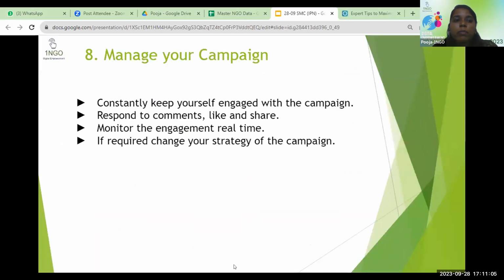So coming to managing your campaign. So you have launched your campaign. How can you actually manage these campaigns? Respond to the comments, messages, or mentions promptly. How do you do this? Responding to the comments actually tells that you're acknowledging the post on your social media accounts.